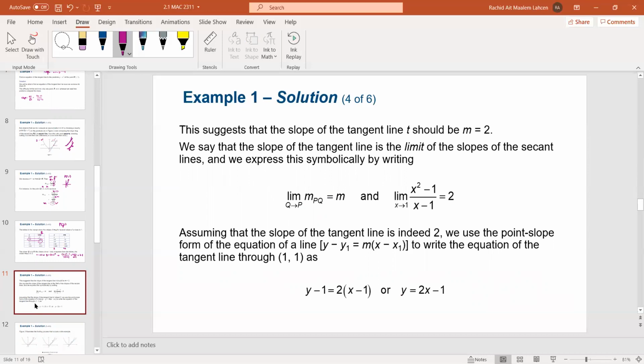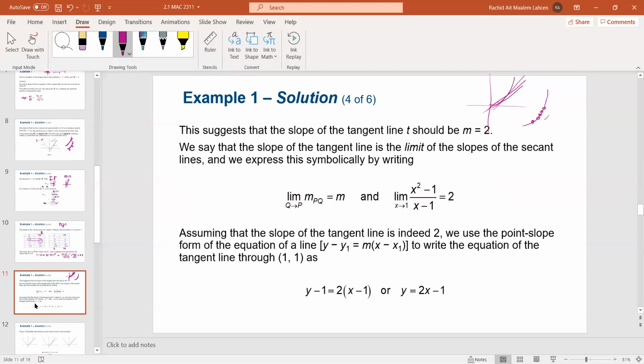We say that the slope of the tangent line is the limit of the slopes of the secant lines. So you can have multiple secant lines passing through there. Because Q can vary, it can get closer and closer and closer. If I zoom in, if this is P, then Q can be these.